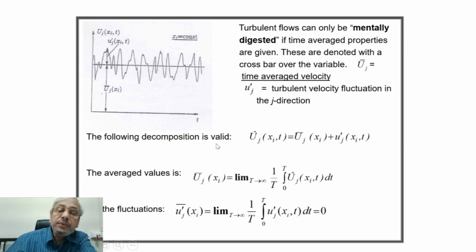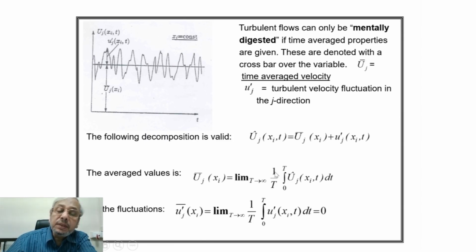The following decomposition is valid. uj instantaneous, function of space and time, equals uj average, function of space, plus uj prime, function of space and time. The averaged value uj bar is the limit as T tends to infinity of 1 by T, integral over 0 to T, the time window, of instantaneous u dt.